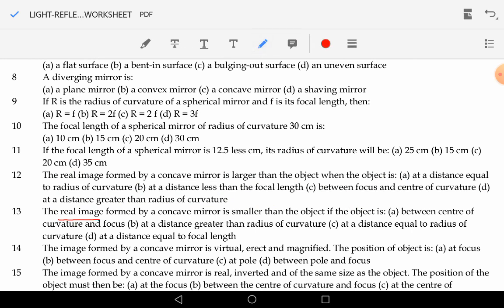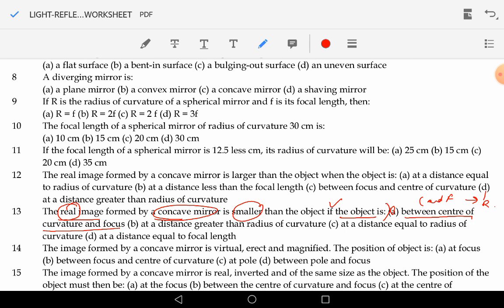The real image formed by a concave mirror is smaller than the object if the object is between center of curvature and focus, that is between C and F. In this case, the image is larger and it is real. So it means that it is wrong.